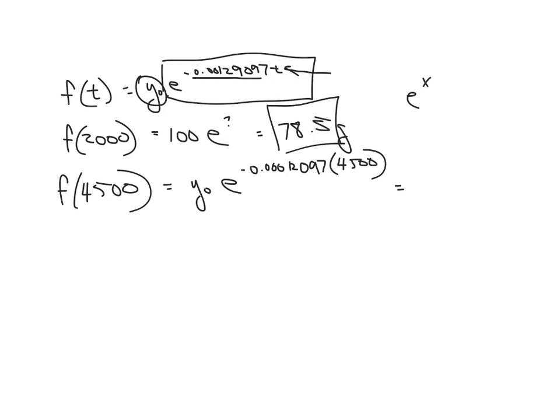And that gives me 0.58. So that means 58% of that remains after 4,500 years. Okay? So maybe that's how they do it. Anyway, that's 5.1. So it only took 2 videos for that.